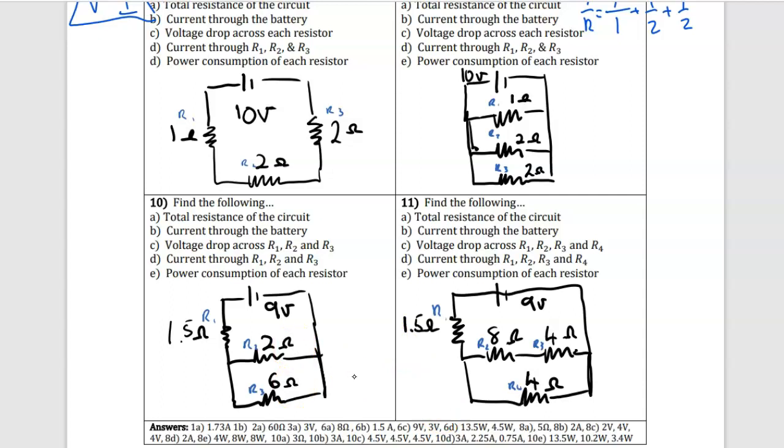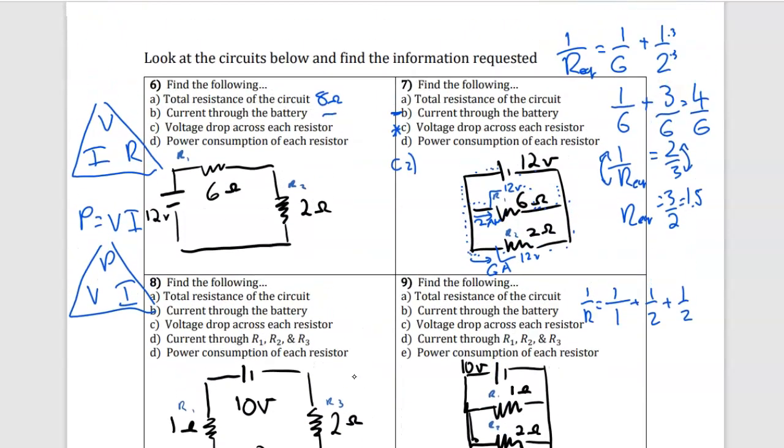With this one, you've got to find the total resistance of the circuit. So when we do that, we've got a mixture of series and parallel. So we're going to take these two first and see if we can figure out what the equivalent resistance of that is. So I've got 1 over 2 plus 1 over 6 is equal to 1 over R. Actually, didn't I do that one?